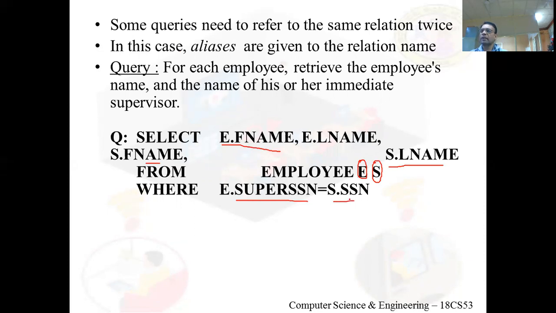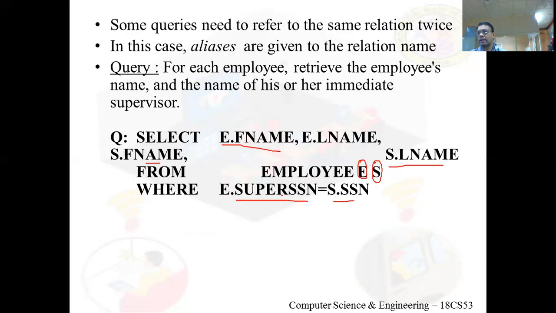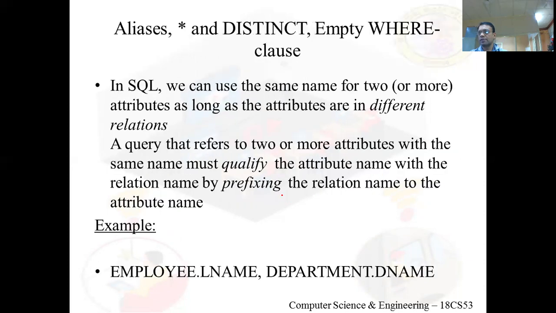With this I can retrieve the name of employees and the manager name for employees. If I want, I can rename this table as employee, and here I can qualify the attribute with emp.ssn. So that's about aliases in structured query language.